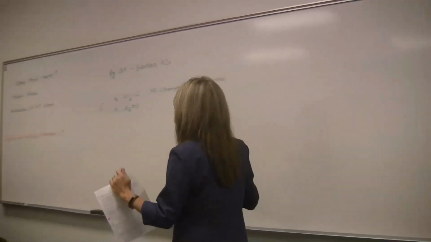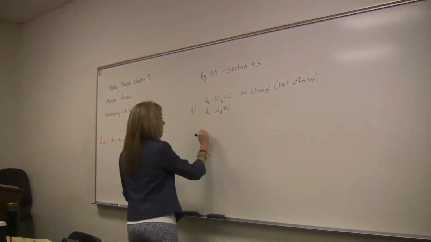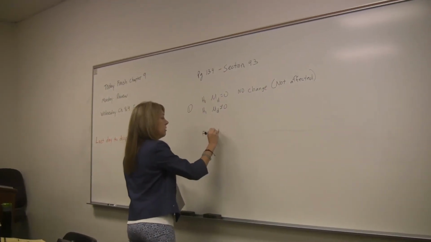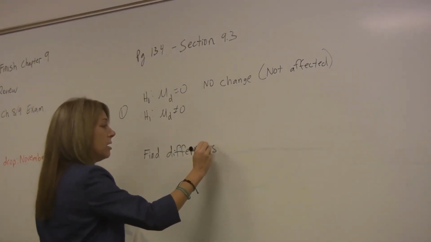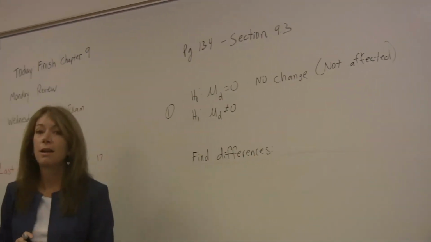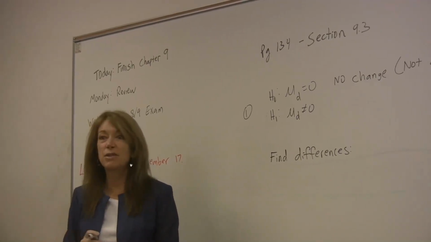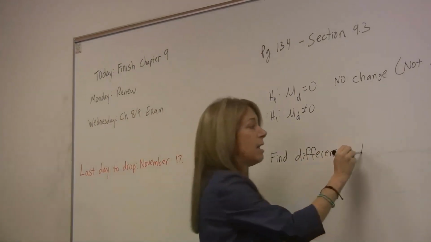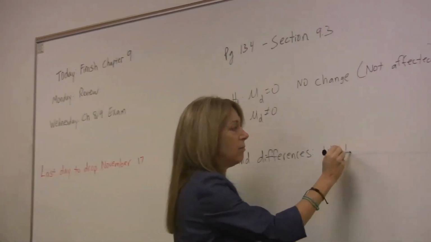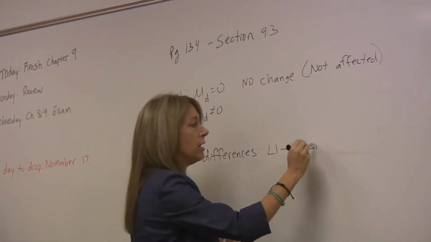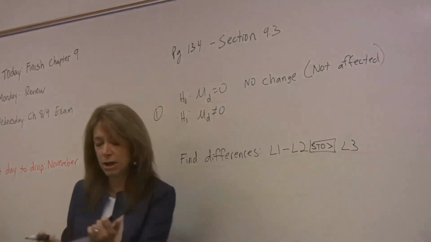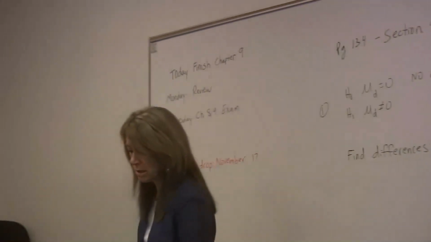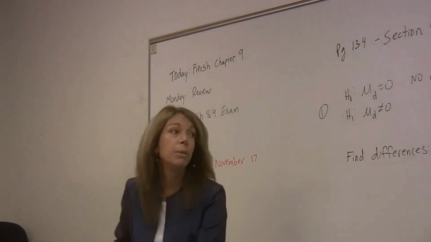Okay, so we need to find the differences. So what's the easiest way to get those? Put them in lists and store them in L3. So you could type them in L1, and L2, and then store it in L3 again. Some of you were already doing that while I was yapping. I'm going to write the list up here while you're doing that.